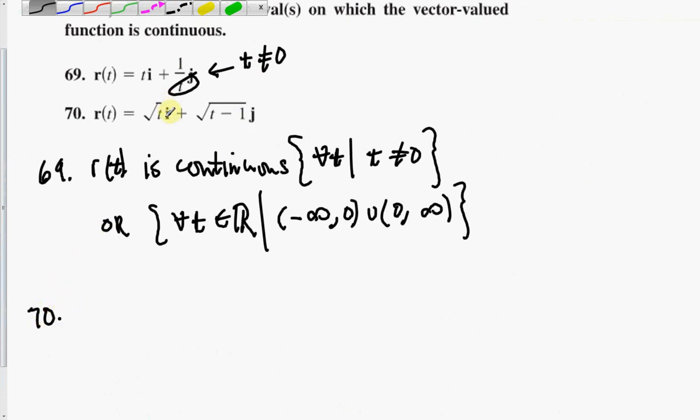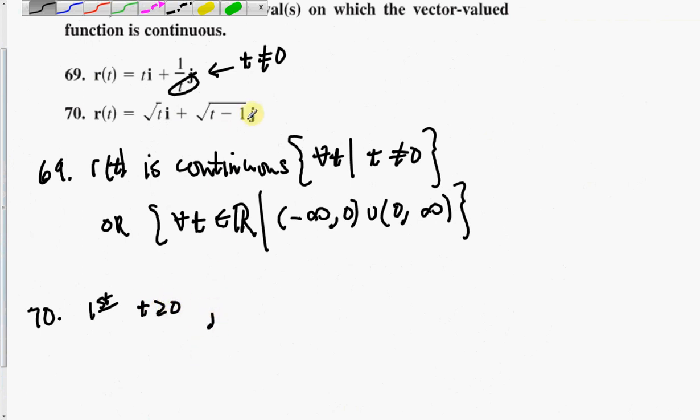Here, back in 69, for that i component, t can be anything, right? And you get values that exist. For number 70, for the i component, t has to be positive. So the first thing we note is that t must be greater than or equal to 0.